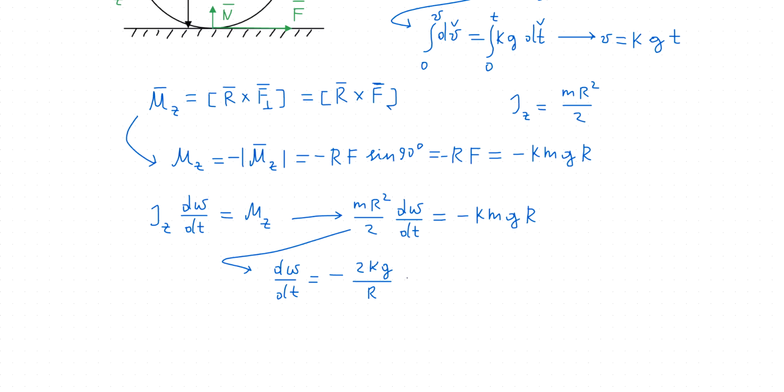To separate variables, we should multiply the left and right sides of the equation by dt. And we will get d omega is equal to minus 2kg divided by r dt.